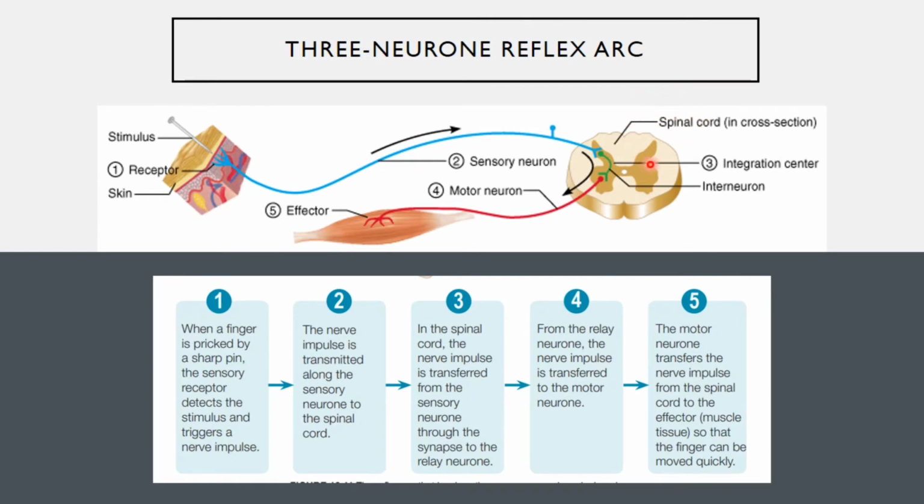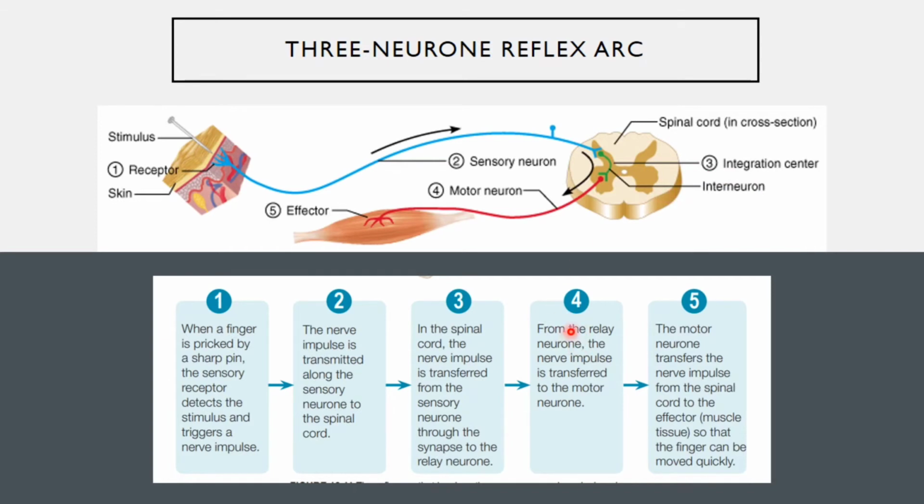In the spinal cord, the nerve impulse is transferred from the sensory neuron through the synapse to the relay neuron, or in this diagram called interneuron.